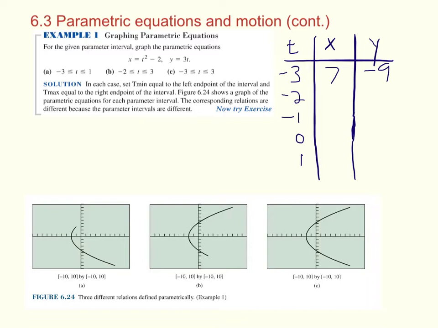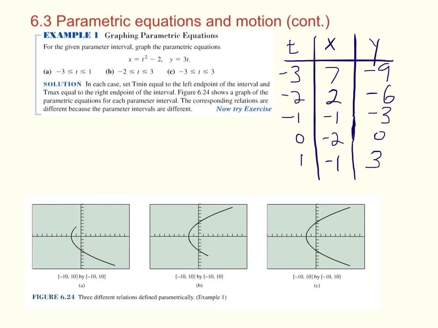So we'll continue with the other points. For t equals -2, -2 squared is 4, minus 2 is 2, and then 3 times -2 is -6. For -1, -1 squared is 1 minus 2 is -1, and -1 times 3 is -3. For 0, 0 squared is 0 minus 2 is -2, and 3 times 0 is 0. And then 1 squared is 1 minus 2 is -1, and 1 times 3 is 3.